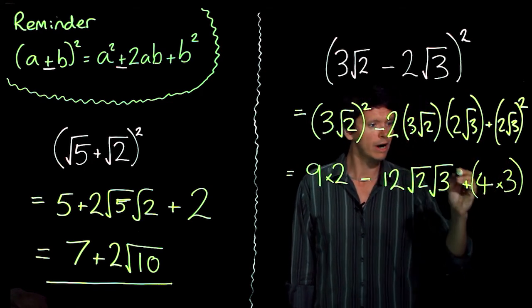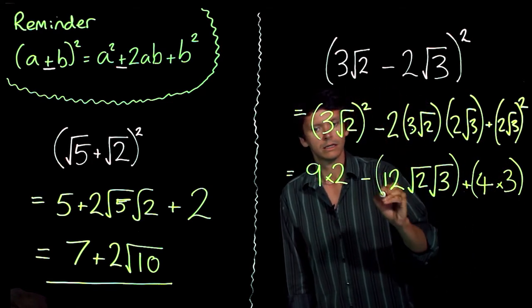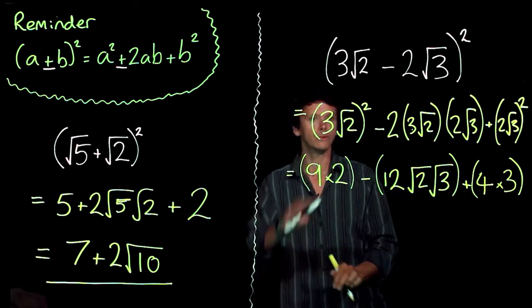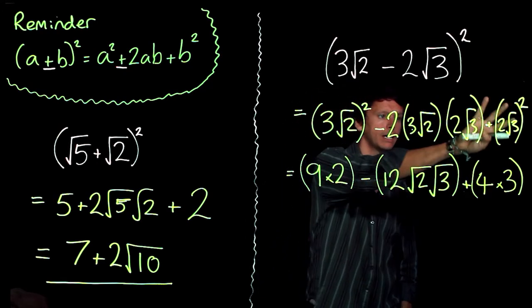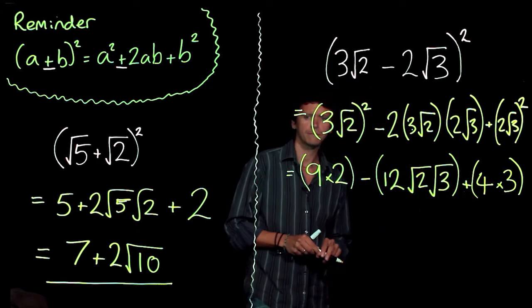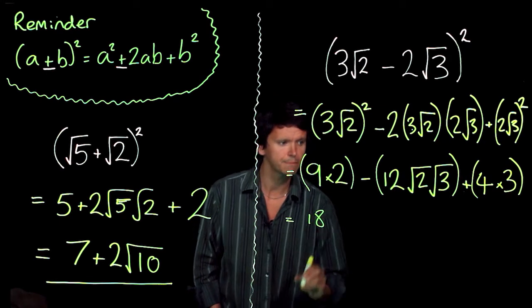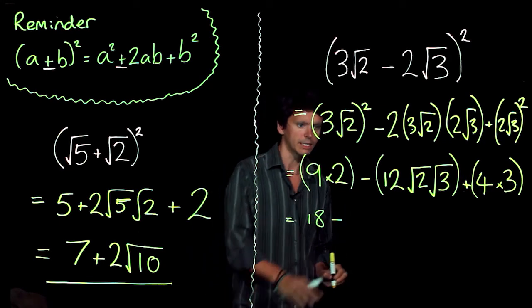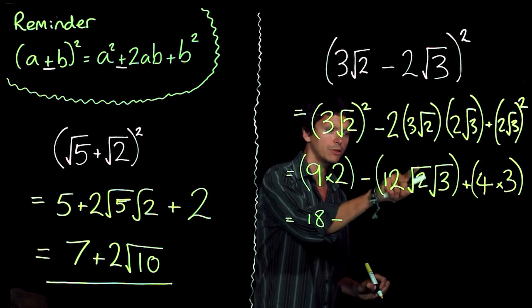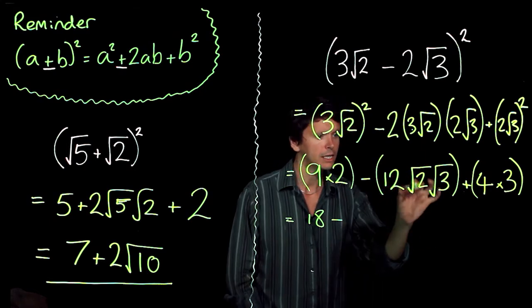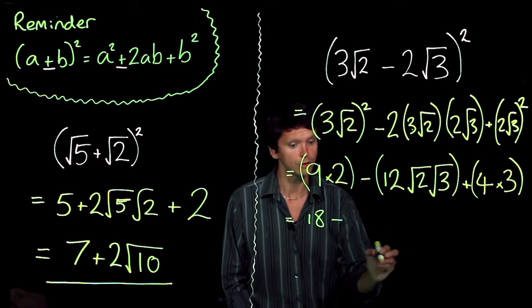So if I bracket these three terms up so we can see how they're progressing in this calculation, 9 times 2 is 18. Minus 12 times the square root of 2 times the square root of 3 equals 12 times the square root of 6.